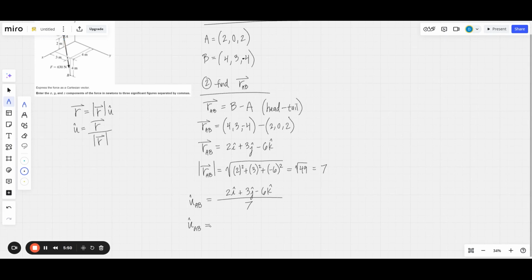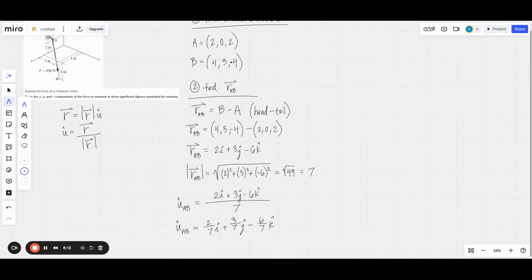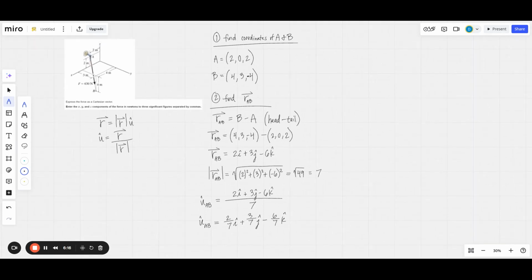I like to keep them as fractions because it's more accurate that way. Then you don't have to round with decimal numbers. So I'm going to write this as 2 over 7 i plus 3 over 7 j minus 6 over 7 k. So now we have our unit vector from A to B.